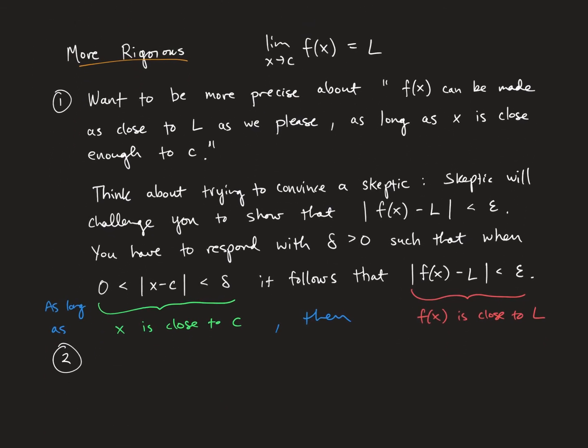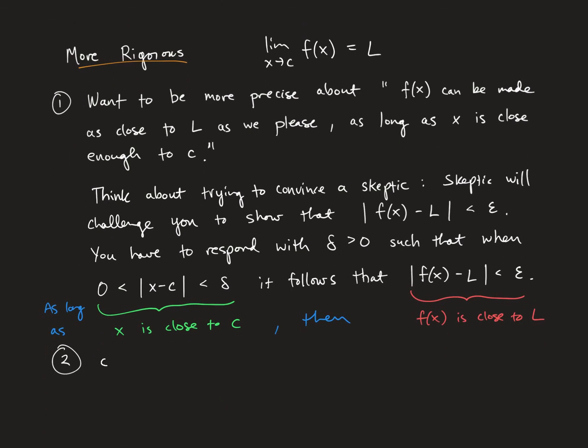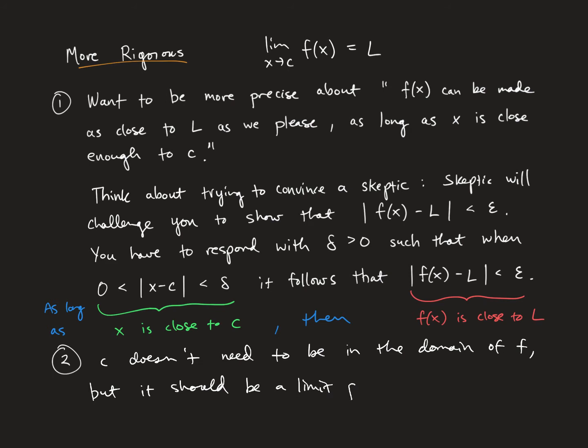So c doesn't need to be in the domain of f, but it should be a limit point. It should be arbitrarily close to points in the domain of f, so it should be a limit point of the domain of f.